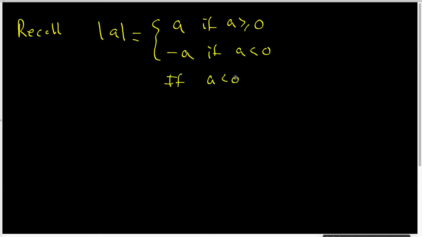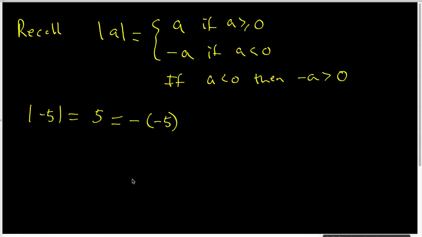And it's important to note that if A is less than 0, then minus A is actually a positive number. And a lot of students internalize absolute value as throw away the minus sign, because if I look at the absolute value of something like minus 5, that turns out to be 5.